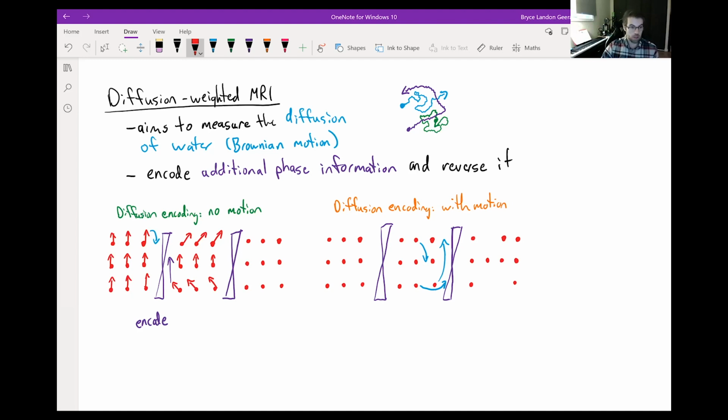Then what we're going to do is apply a 180-degree RF pulse here, for the purposes of collecting a spin echo, which hopefully rings a bell. If not, we'll be breaking down the spin echo pulse sequence next, or possibly in 2 little slides that I've got here. But for now, we're doing a spin echo, and that means we can apply the exact same gradient to reverse our phase information.